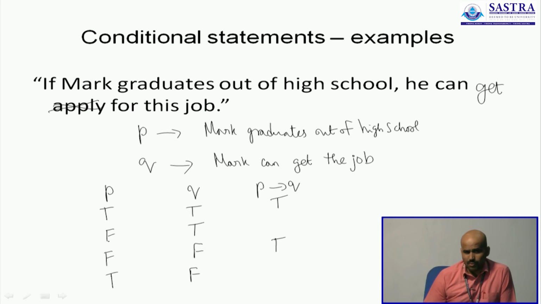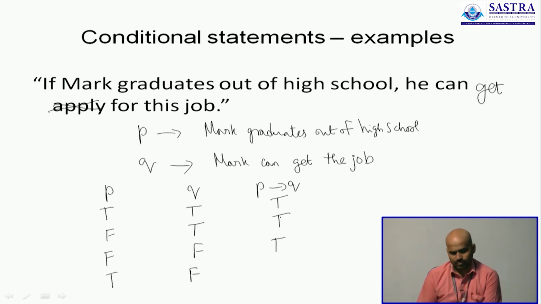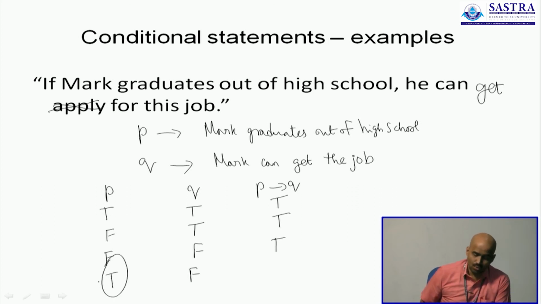The second row corresponds to the combination where he has not graduated from high school, but still something has happened and he has got the job, and this is also possible. It will not be possible in only one case, the last case. Look at the last case. He has graduated from high school and you still see that he has not got this job.